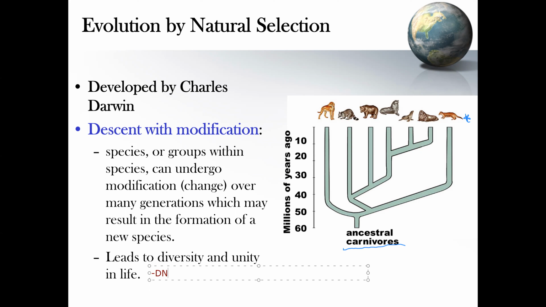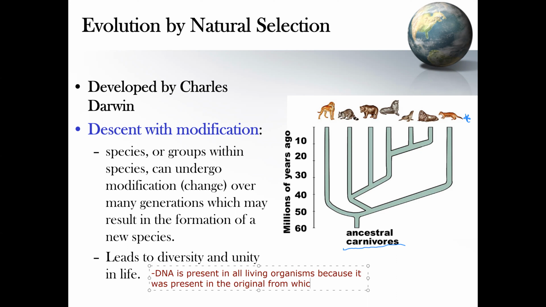And DNA is present in all living organisms, because it was present in the original cell from which all life evolved. DNA works so well as a way to pass on genetic information that it's just never changed throughout all of this time. So evolution can explain diversity, but also similarities.